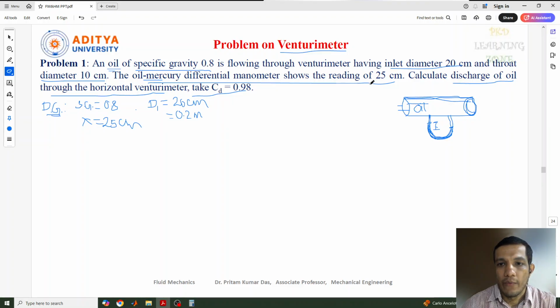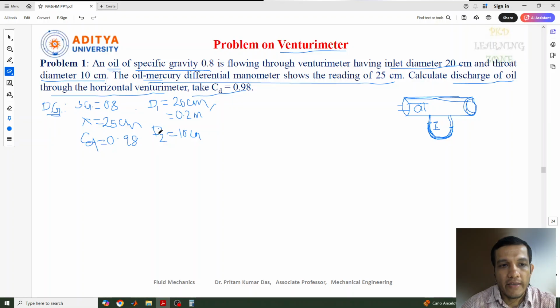Now calculate the discharge of oil through the horizontal Venturimeter. Consider CD, the coefficient of discharge, that is 0.98, which is always less than 1. And throat diameter we can consider, that is D2, that is 10 centimeter.